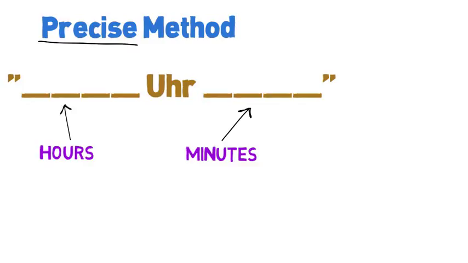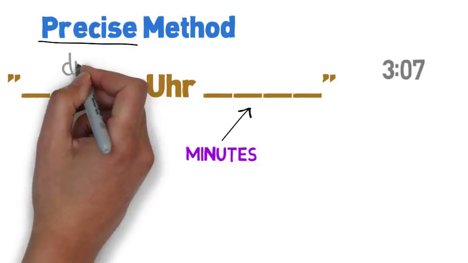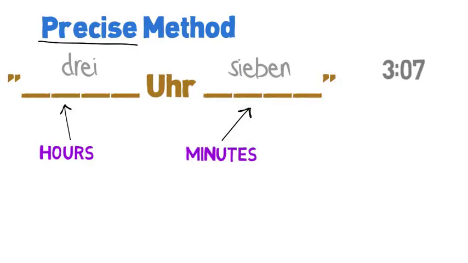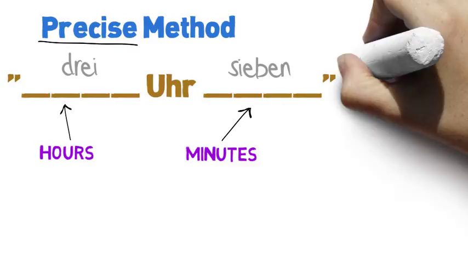So for instance, if it were 3:07, you would use the hour number drei and the minute number 7 to say 3:07. Let's do another.